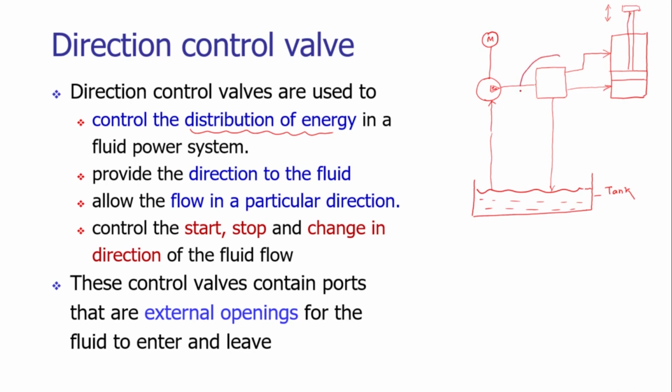So for this purpose, we need a control valve which is distributing the energy inside the system, which is giving the direction of the fluid inside the system, and it is allowing the flow in a particular direction only. In the case of the extension of the piston rod arrangement, we have to apply the fluid energy in this area. So in a particular direction we need to apply the energy. So that function is also to be carried out.